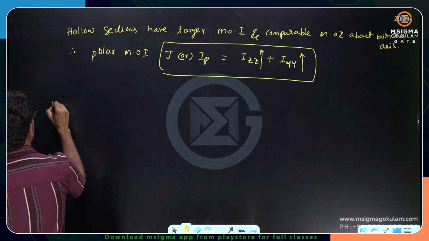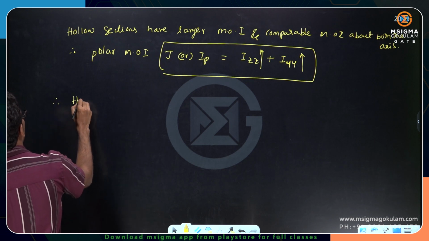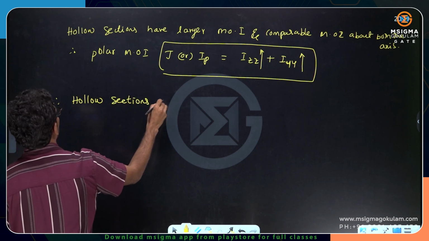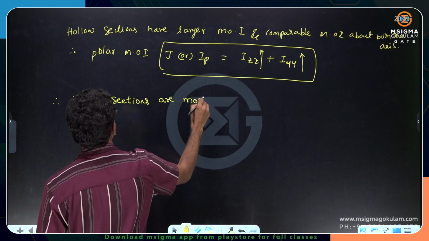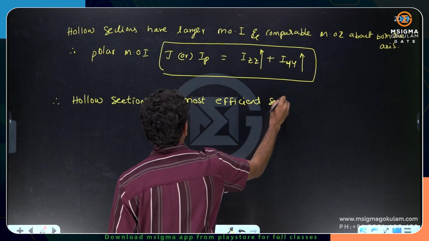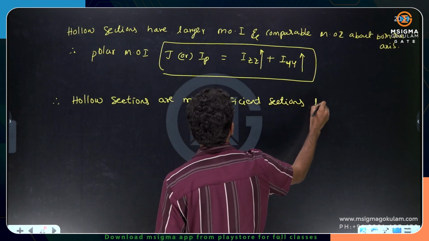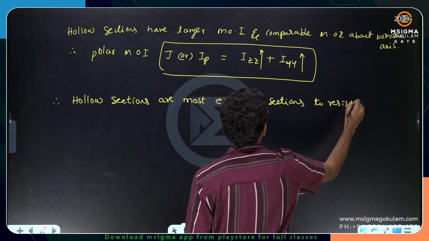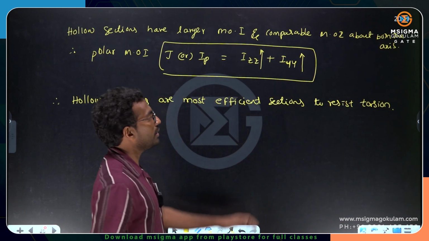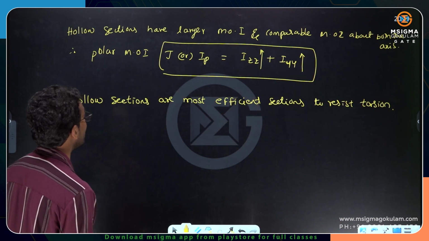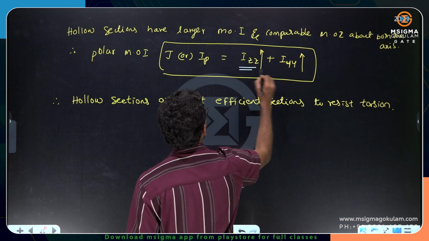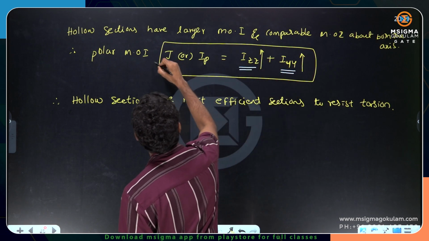Therefore, I can say hollow sections are the most efficient sections to resist torsion. Among all the sections, hollow sections are the most efficient sections to resist torsion, because their individual moments of inertia are more, and therefore polar moment of inertia is more.